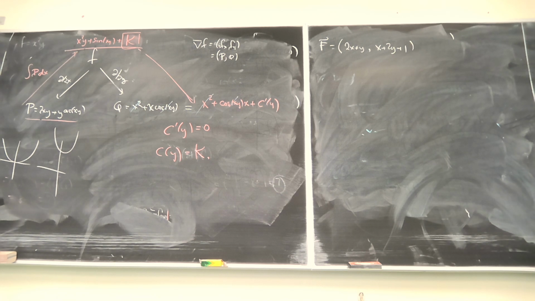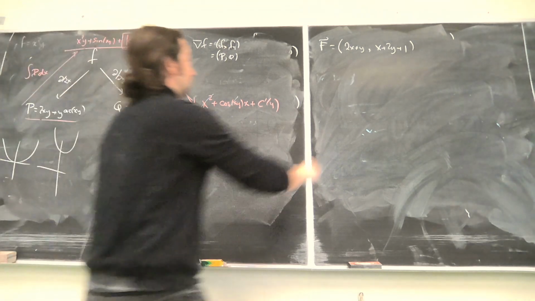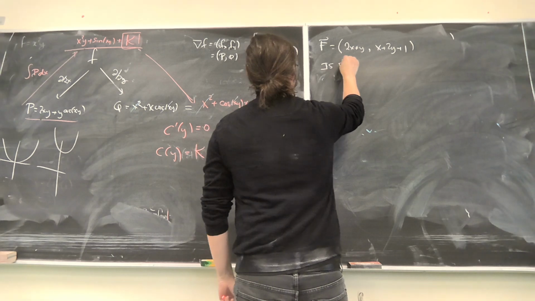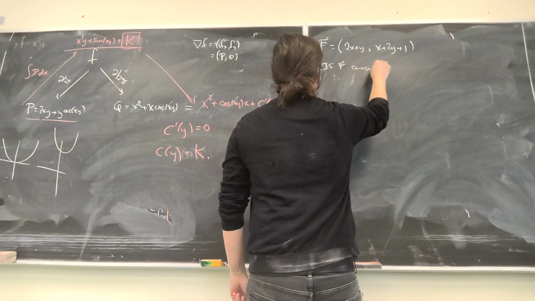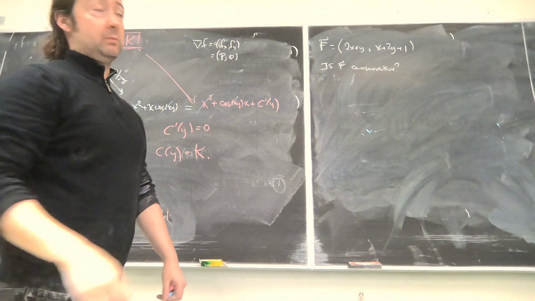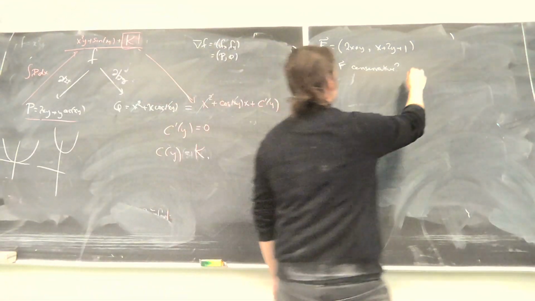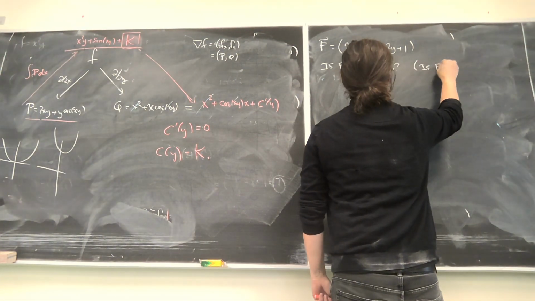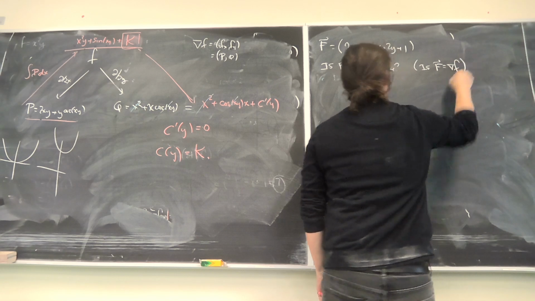And if it is, find its potential function. Is f conservative? That is to say, is f the gradient of some potential function? Is f equal to grad of a potential?